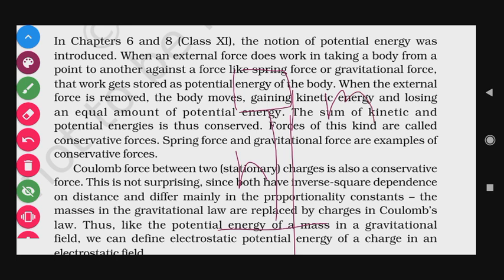You have done certain work and it was stored in the form of potential energy, and when you release it, the potential energy starts converting. It is coming down and losing potential energy, and it is gaining kinetic energy at the same time. The amount of potential energy it loses, the same amount the kinetic energy increases. So the sum of kinetic and potential energy is always a constant. So we say that the potential energy and kinetic energy are conserved.